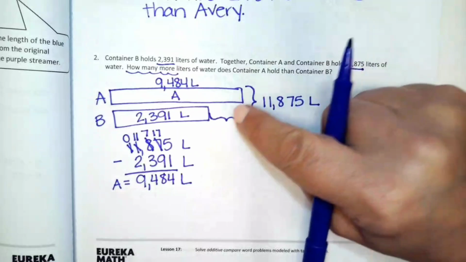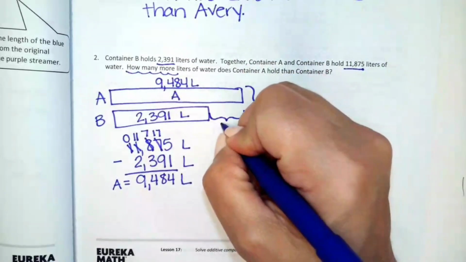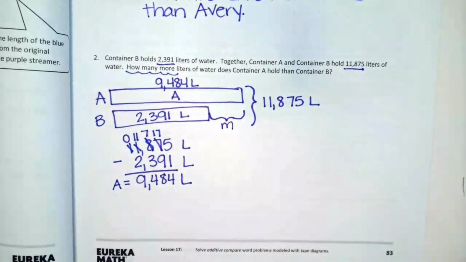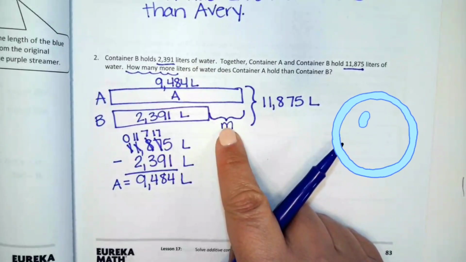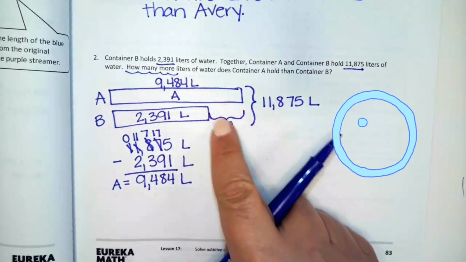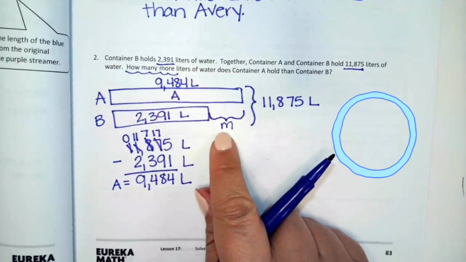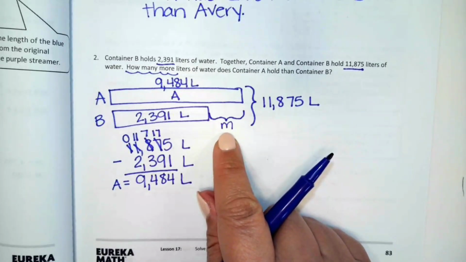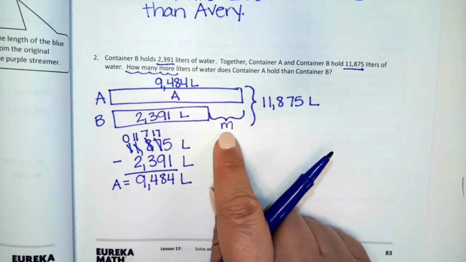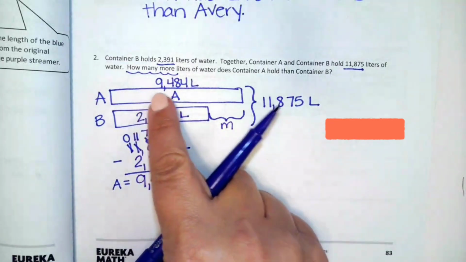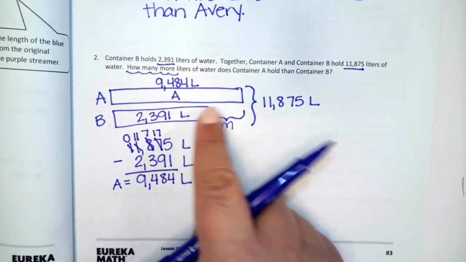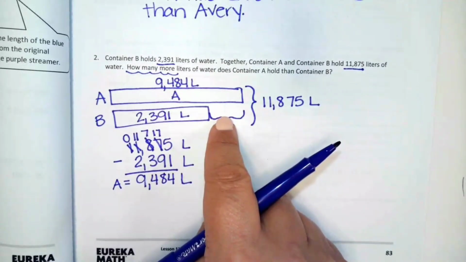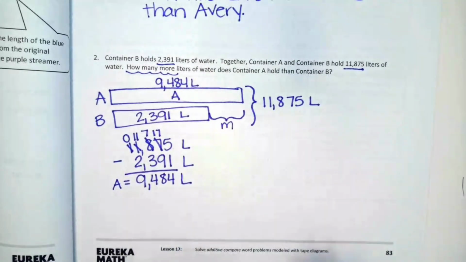Okay? So we will put M for more. Now what can we do to find out what M equals? Would we add, subtract, multiply, or divide? We would subtract. So we will subtract A's liters minus B's liters to see how many more liters container A can hold.